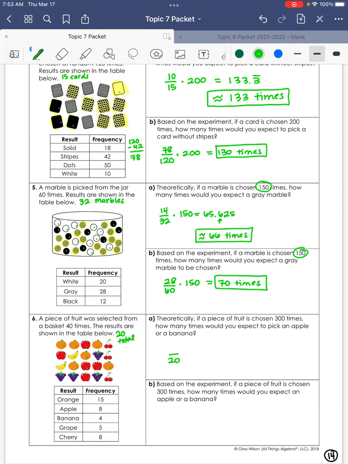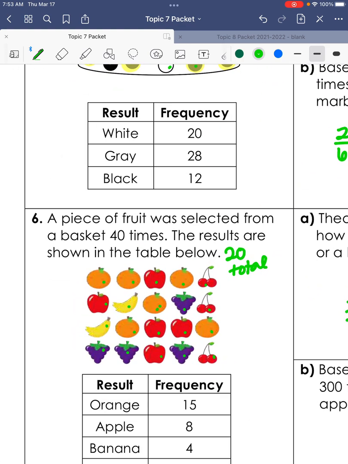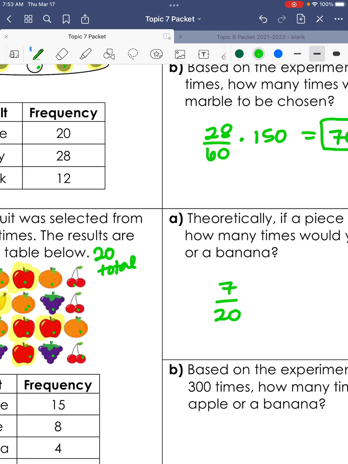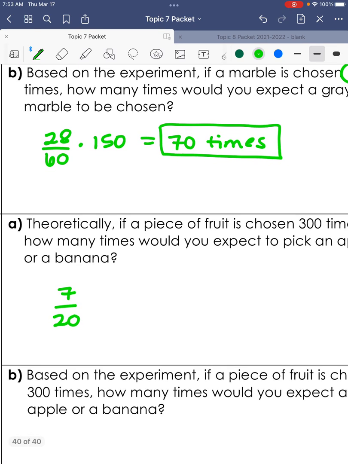Now, how many of them are an apple or a banana? So there's 1, 2, 3, 4, 5, 6, 7. So 7 apples or bananas, right? So 7 is the number of favorable outcomes. That is my numerator. But we want to know if fruit is chosen 300 times, how many would be an apple or banana?